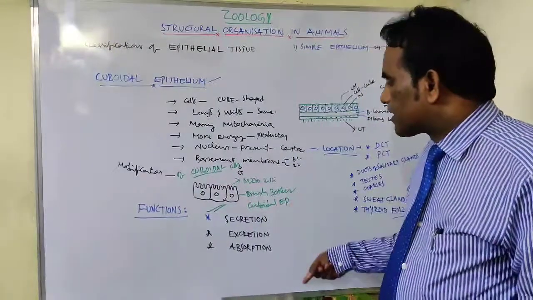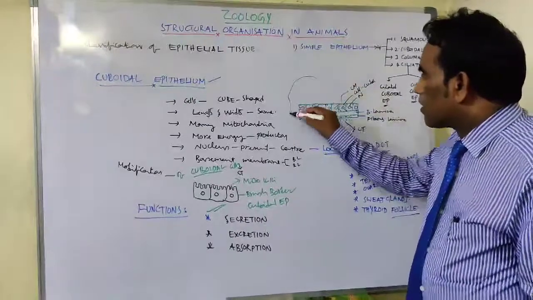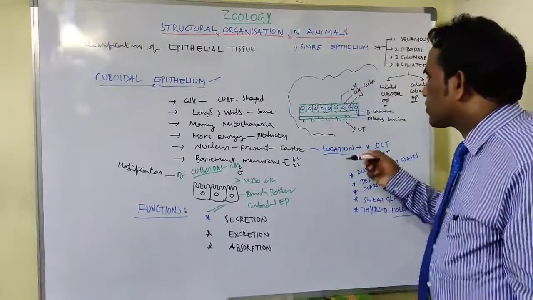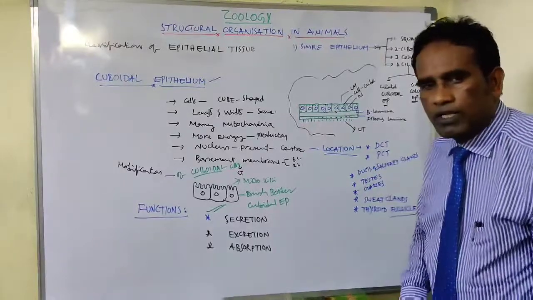So secretion, excretion and absorption are the specific functions of cuboidal epithelium. I hope you understand that.